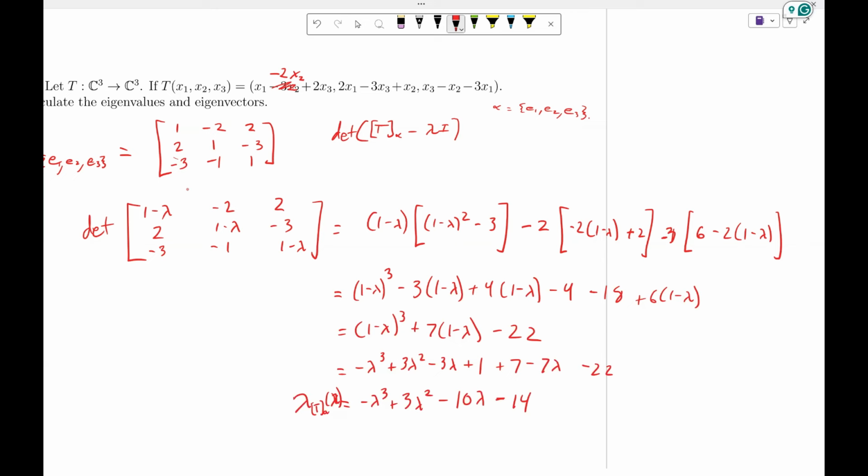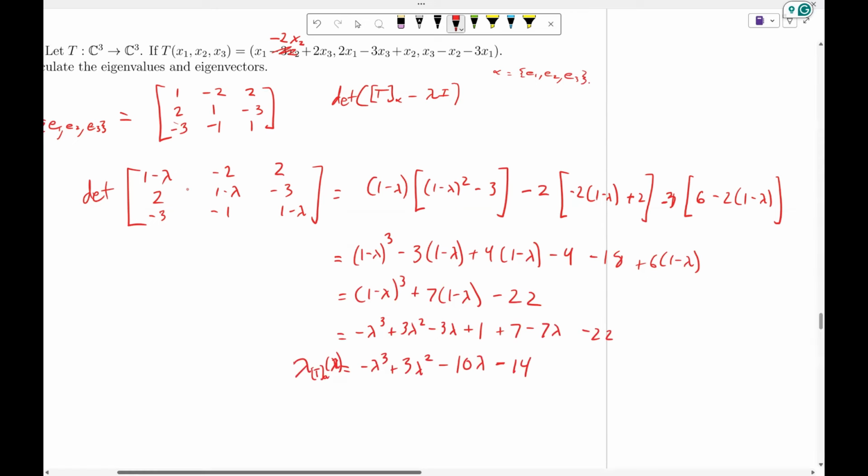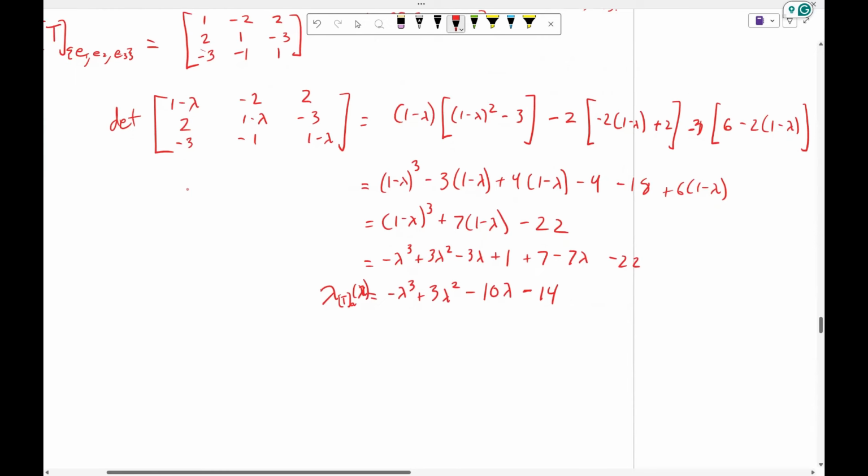And here, this might seem difficult to calculate the roots of, but you'll notice that the absolute value of these first terms equals 14, which is what we're subtracting.